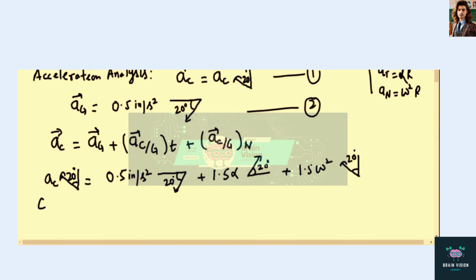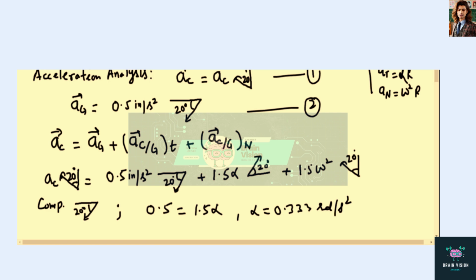If we take components of this equation along this direction, assuming it to be the x-axis, then you will get 0.5 minus the other terms, so alpha will be 0.333 radian per second square in the counterclockwise direction.